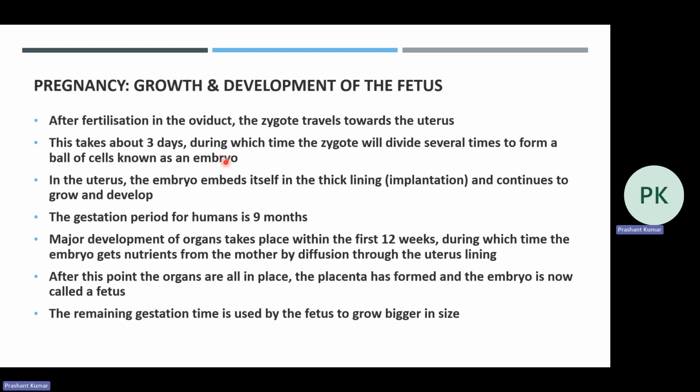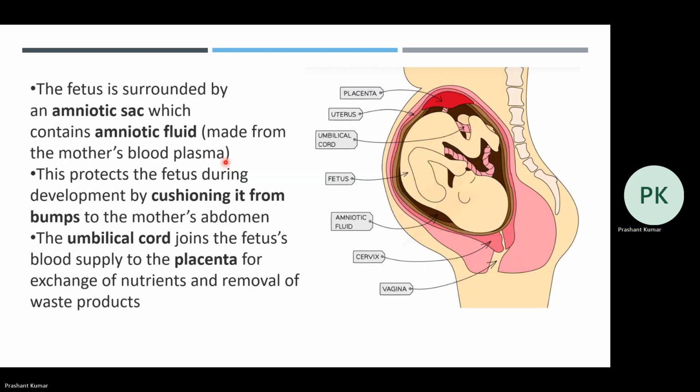At this point, the placenta is formed and the embryo is now said to be a fetus. As the monthly process continues, with the trimesters coming up, only the body of the fetus is going to grow in size.